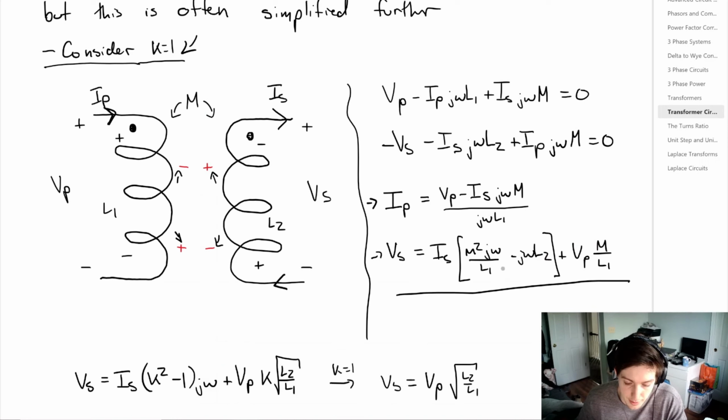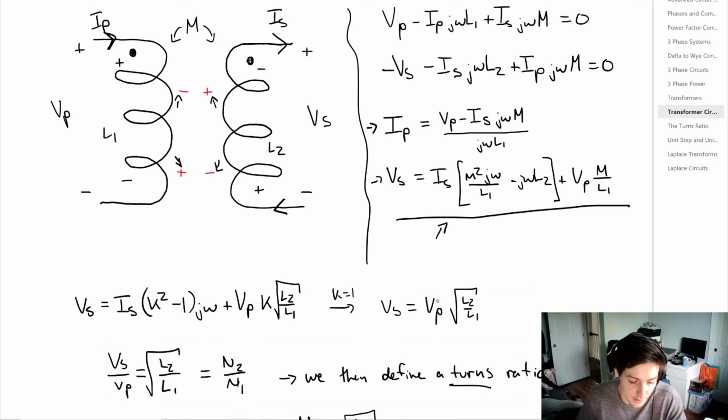Now from this equation, we're simply going to substitute our value for M and our value for k to arrive at the secondary voltage equal to this term here. And with that substitution of k equals 1, it simplifies pretty nicely that we get the secondary voltage equal to the primary voltage times this factor, which is the square root of the second inductor divided by the first inductor.